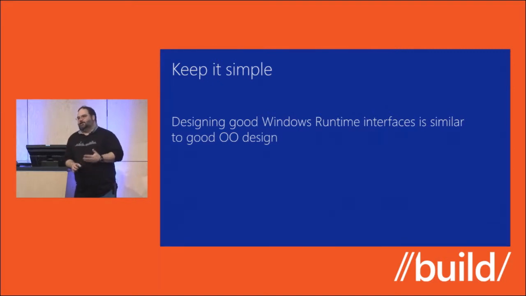You want to make sure that your interfaces are abstract enough that they don't reveal everything about the implementation underneath. That lets you keep changing and improving and fixing bugs without breaking your clients. None of this is specific to WinRT. What I'm trying to give you is a sense of how WinRT fits into the design model generally.